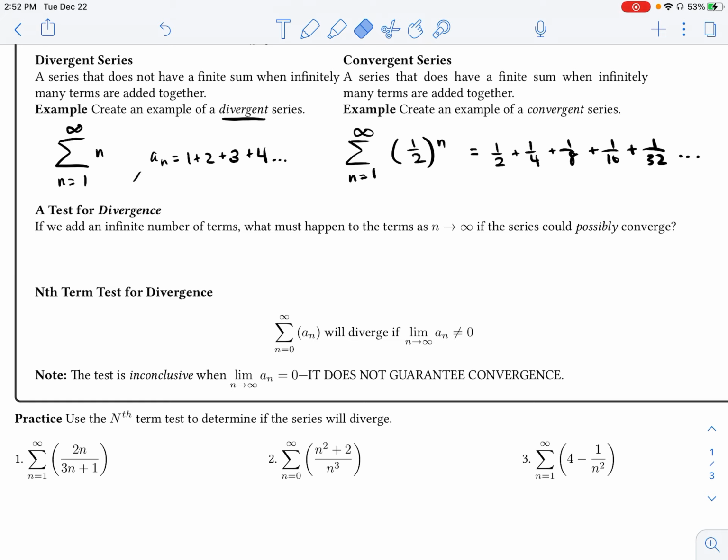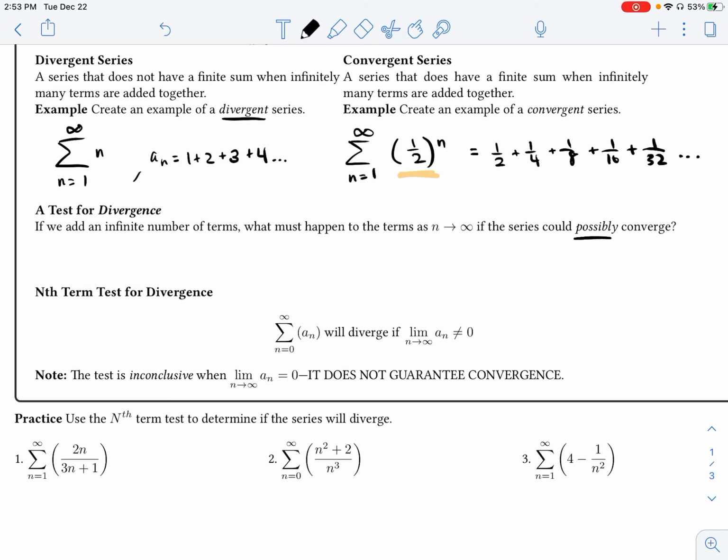This test for divergence is essentially rooted in the question: if we add an infinite number of terms, what has to be the condition for the terms as n approaches infinity for this series to even have a chance at converging, not even definitively? What has to be happening to a sub n as n approaches infinity? Well, the answer is a sub n has to approach 0.